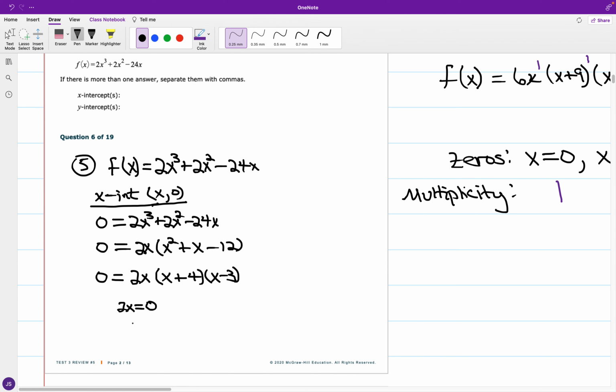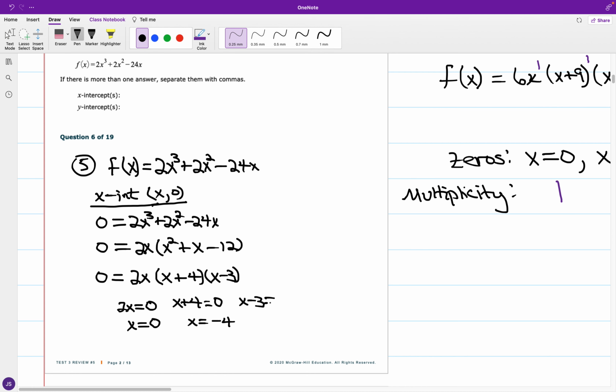If I have that 2x is equal to 0, I have that x is equal to 0. For x plus 4 equal to 0, we have that x is equal to negative 4.